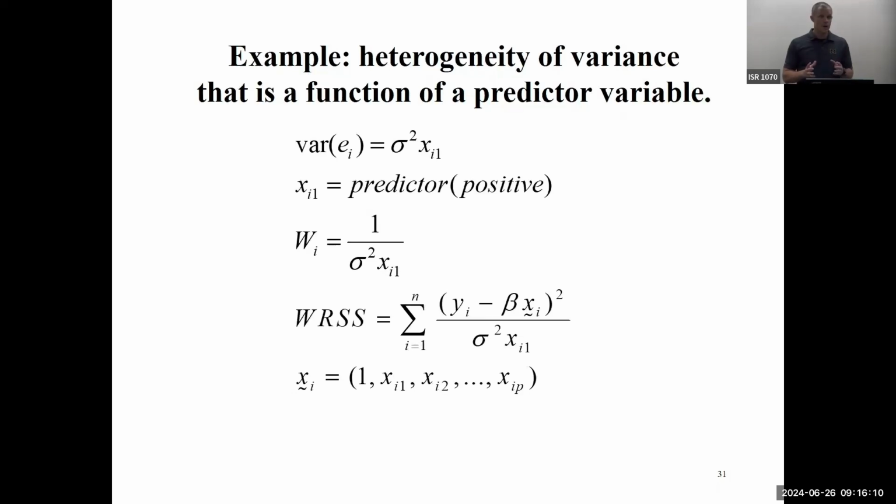Okay. What we're going to see today is that in the context of analyzing complex sample survey data, the exact same machinery is used to accommodate the survey weights. Not weights that represent non-constant variance, but rather just weights that represent how many people in the population a given survey respondent represents.